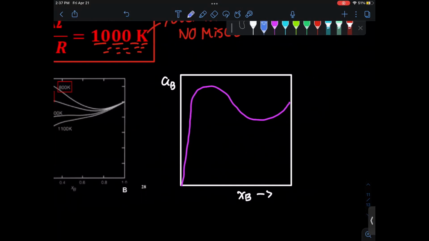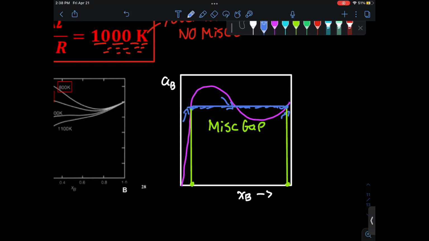We have a certain point where our activity curve crosses 3 times. It crosses once going up, once going down, and then once going up again. In between these 2 points where we cross this line going upwards, this is the miscibility gap. This is how we can find miscibility gap compositions using our activity.